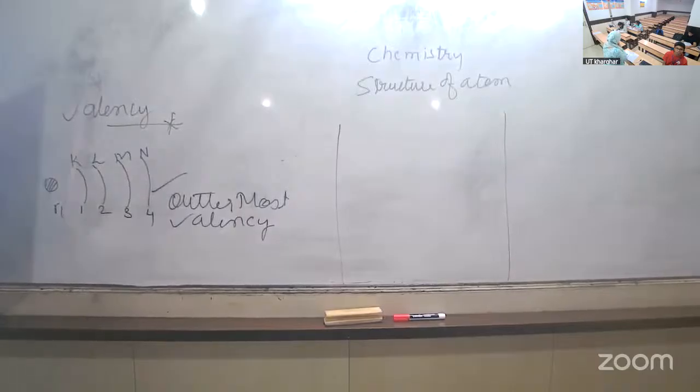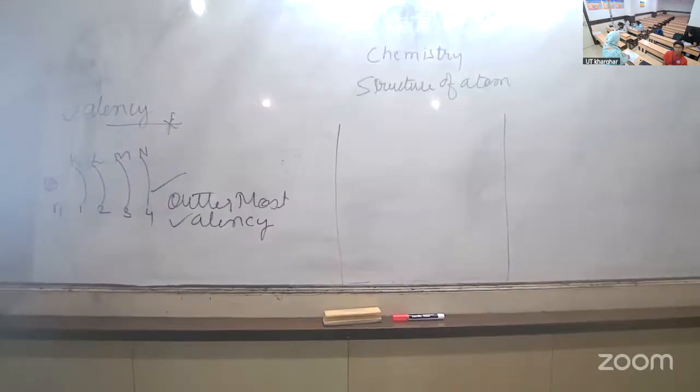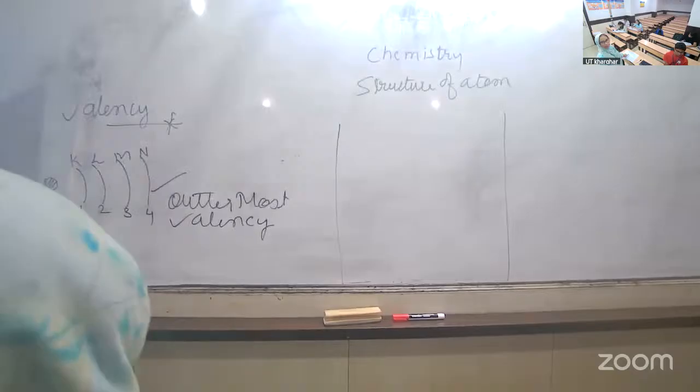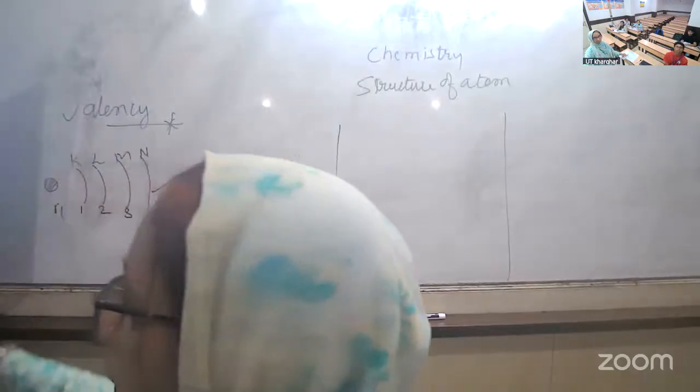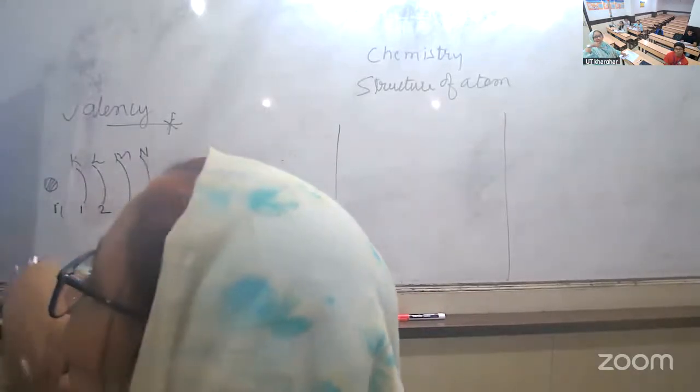Sulfur 6, last column 2. Then chlorine 7, last column 1. Argon 8, last column 0. Then potassium 1, last column 1. The sequence changes again. Then next, calcium 2 and last column 2.